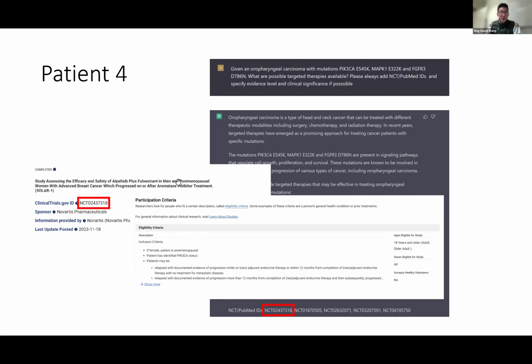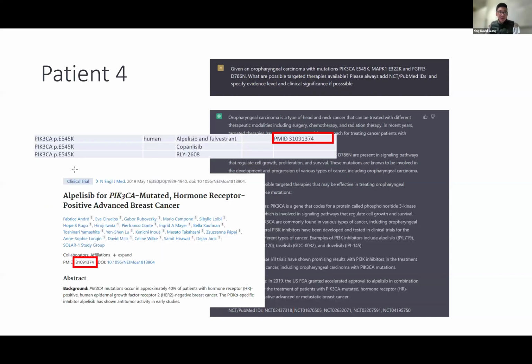So in this case, it already is quite a sensible study. Here it is directed toward breast cancer, but for oropharyngeal carcinoma, there were really no good studies available.